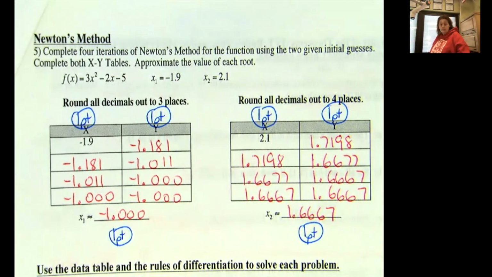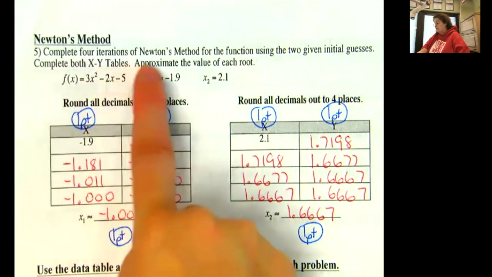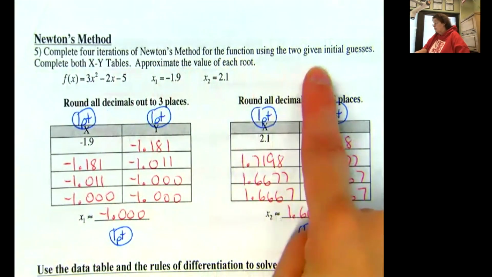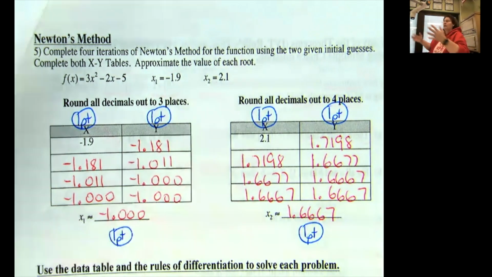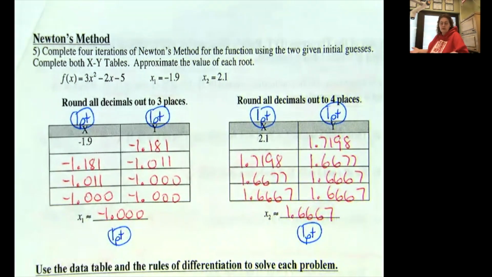It's clearly on the calculator portion, and it says complete 4 iterations of Newton's method for the function using the 2 given initial guesses. On a test, I am going to give you the initial guesses, because if everybody in the room picked a different initial guess, all of the answers would be different for every individual person. So it's just easier to grade.